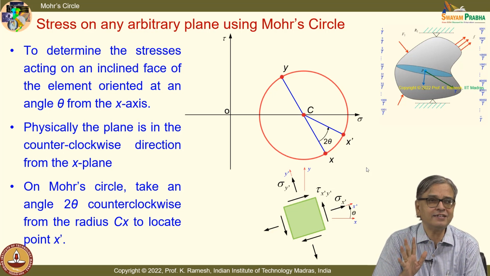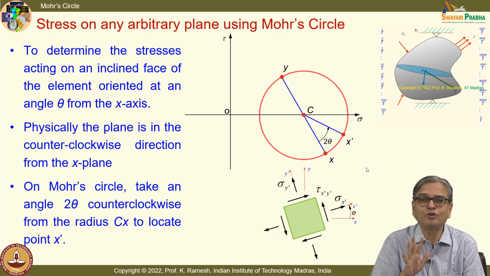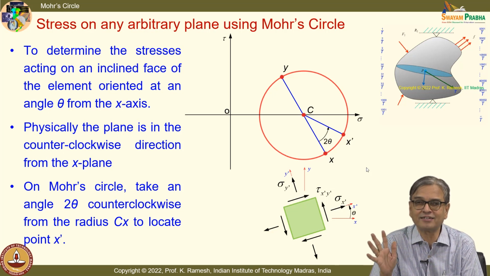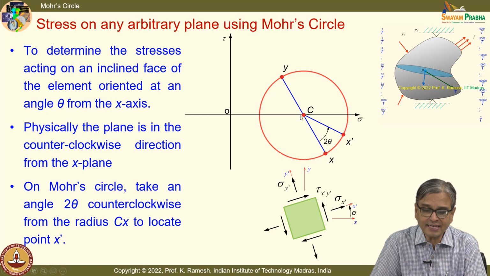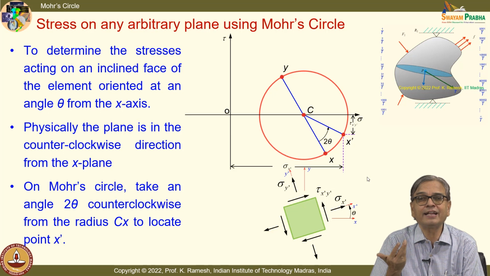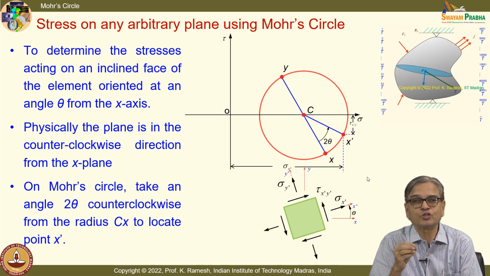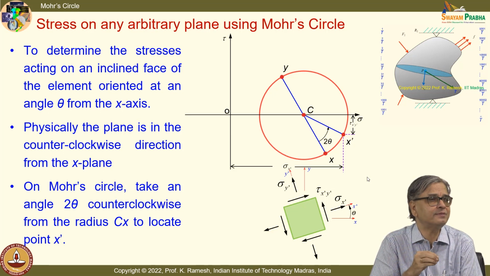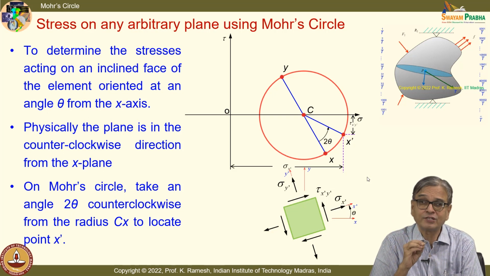The only difference is, if it is theta, I should look at twice the angle, 2 theta. So once I know this x prime, I can find out what is sigma x prime as well as tau x prime y prime. That is nothing but reading it from the graph. So your stress transformation becomes simple and straightforward. That is the greatest advantage.